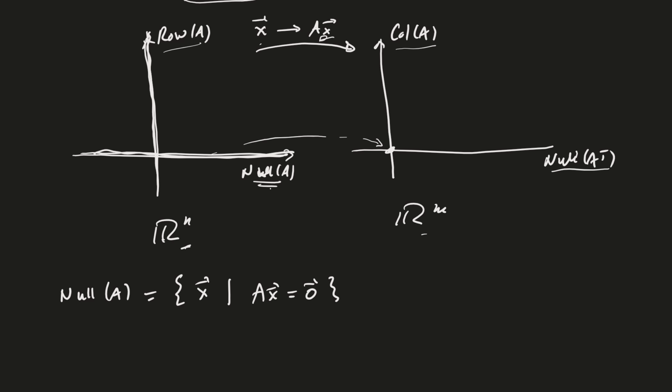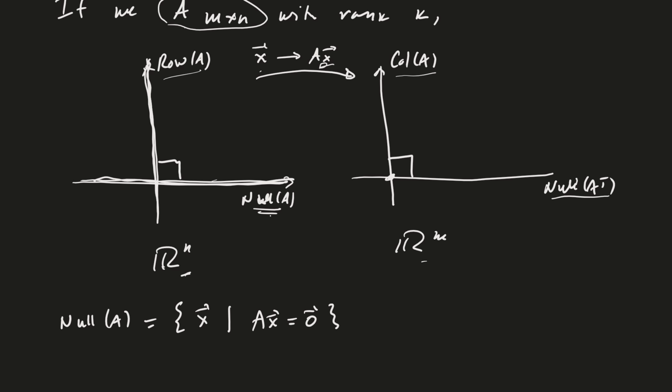The nice thing about this picture is it actually shows how the subspaces relate to each other. And so, for example, this suggests that these spaces are orthogonal to each other, and in fact they are. Oh, I should say we should probably talk about this rank. Do you remember what the rank of the matrix is?